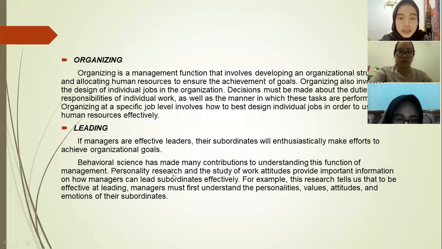Personality research and the study of work attitudes provide important information on how managers can lead subordinates effectively. For example, this research tells us that to be effective at leading, managers must understand the personalities, values, attitudes, and emotions of their subordinates.